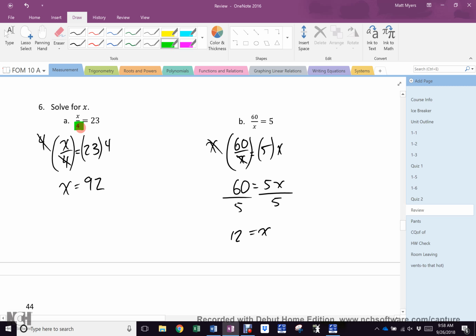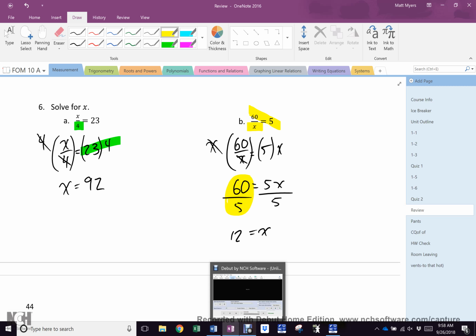When x was in the numerator, I did 4 times 23. When x is in the denominator, I have to do 60 divided by 5. And that's a good thing to remember, which we've already talked about when we're doing conversions.